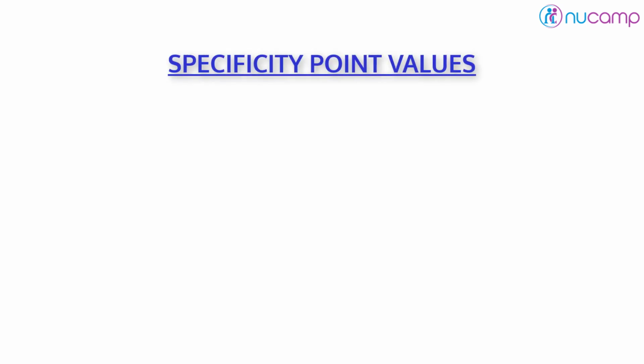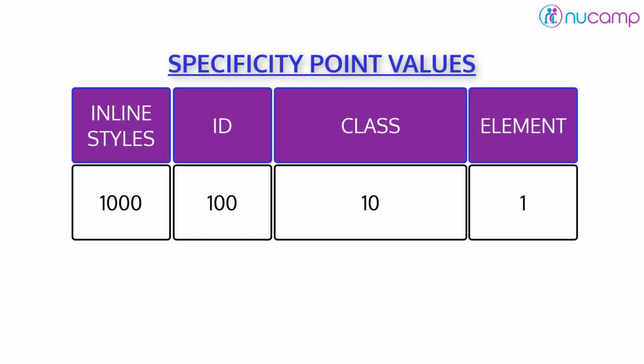Now that you understand the many different kinds of selectors that can be used, let's bring it back to the topic of specificity. I mentioned in part 1 that you can figure out specificity using point values: 1000 for inline styles, 100 for ID, 10 for class, and 1 for element.